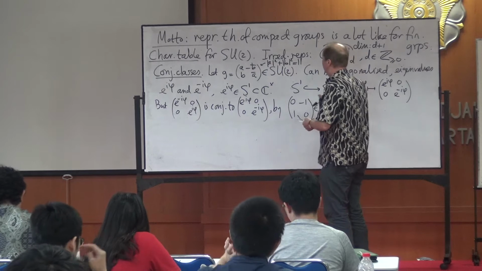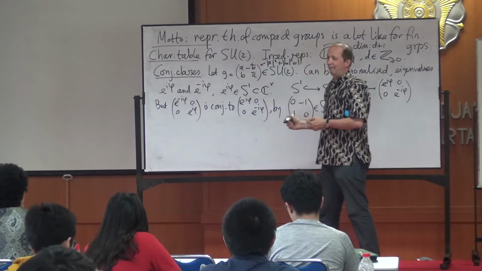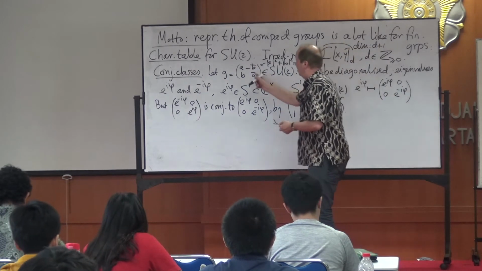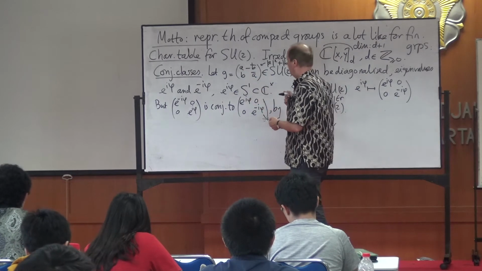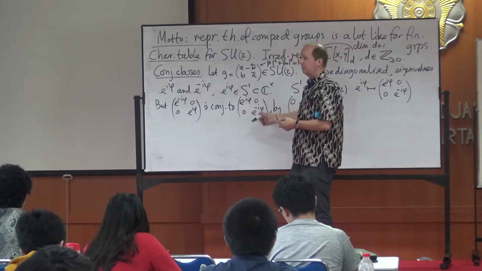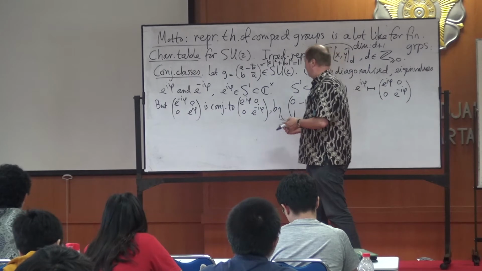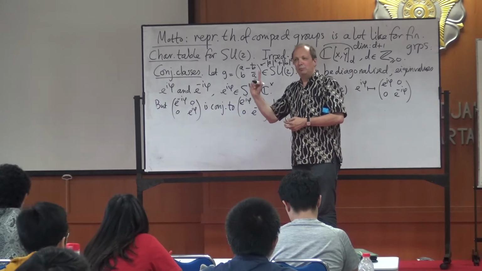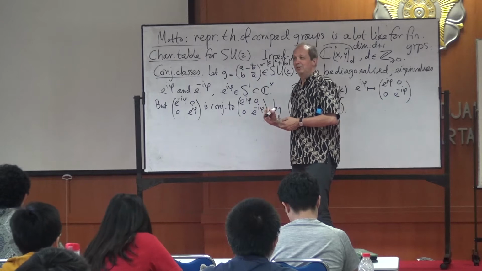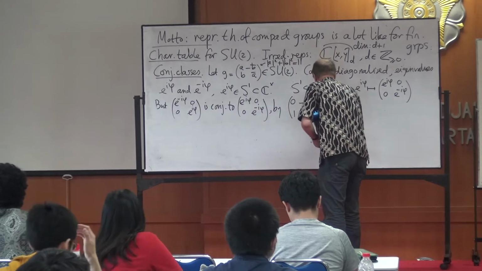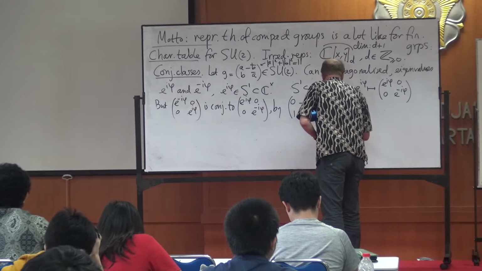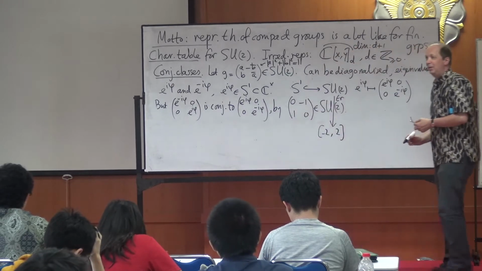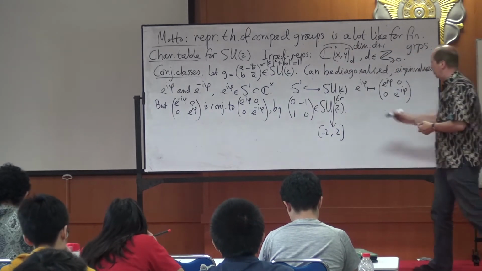If I take the trace of a matrix like this, I get A plus A bar, right? But actually it's easier to look at the eigenvalues. I get e to the I phi plus e to the minus I phi. This is 2 times the cosine of phi, right? So I go to the interval from -2 to 2, right? This is what the trace brings me to.